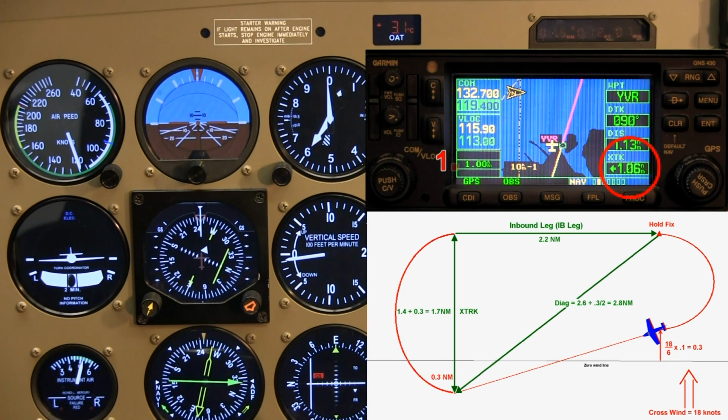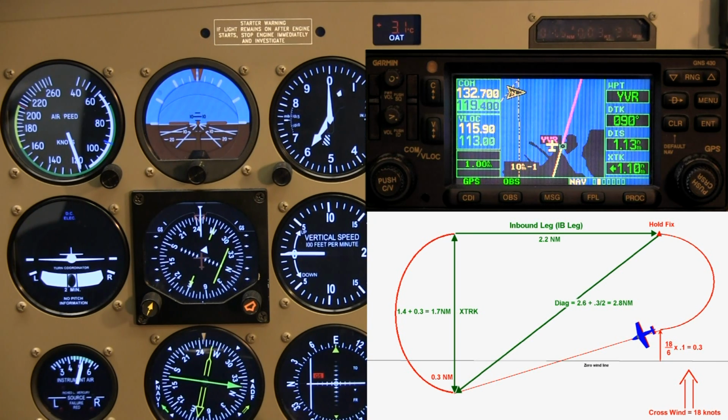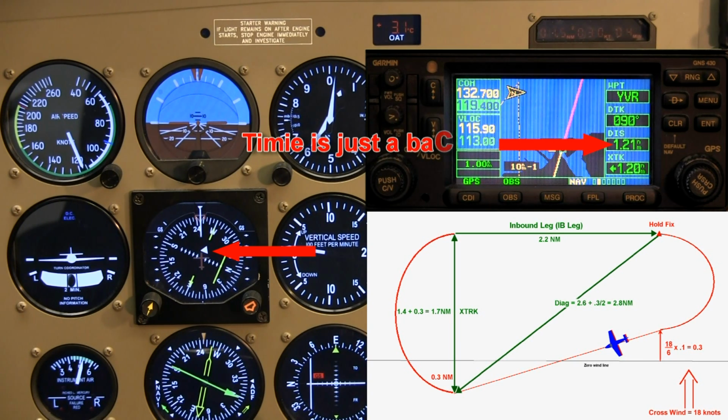As we roll out on the outbound leg, I notice that the cross track is roughly 0.3 less than usual. I start the timer when the flag flips, but I'm not really going to use it.